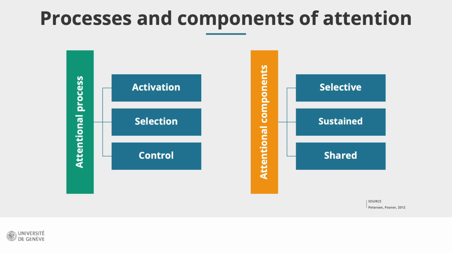Now let's focus more precisely on attentional mechanisms. So attention is typically divided in a series of processes that characterize the activation of attention, selection of attention, as well as the control of attention. And then this gives four different types or components of attention.